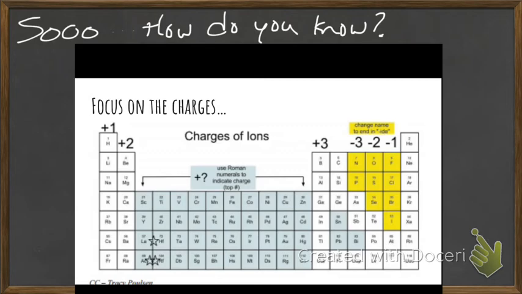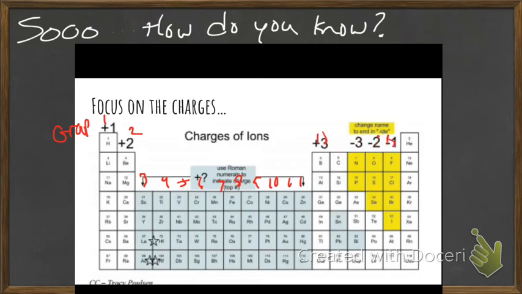How do you know what group has what charge? Okay, well, let's look at it. Let's look at the group numbers. Group 1, 2, 3, 4, 5, 6, 7, 8, 9, 10, 11, 12, 13, 14, 15, 16, 17.